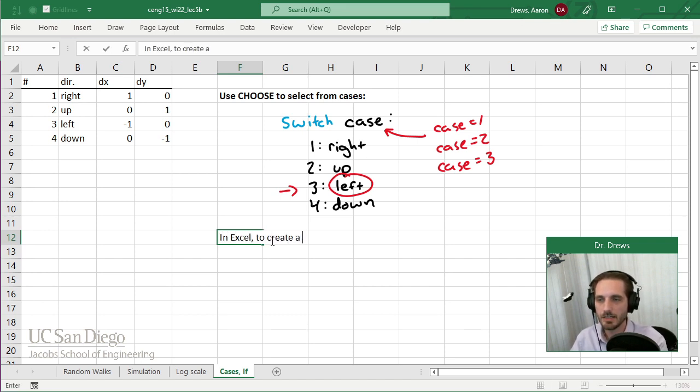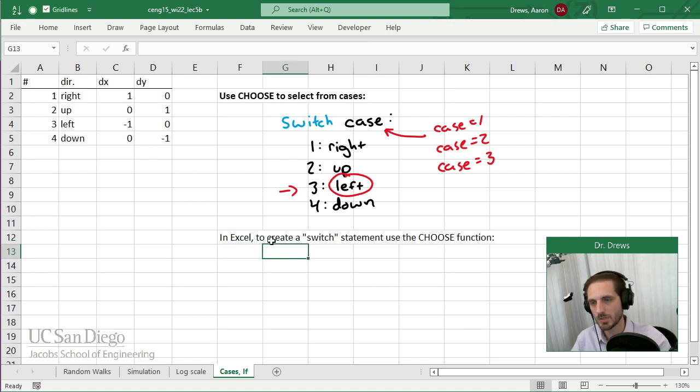to create a switch statement, use the choose function. So for example, what we would end up doing for a case like this, where we could go right, up, left, or down as cases 1, 2, 3, and 4, we would say equals choose.